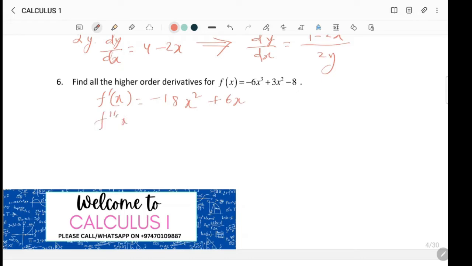Then f double dash x, I mean second derivative, so minus 36x plus 6, and then f triple dash x, which is minus 36, right? And the fourth derivative, which is 0. So we found f dash, f double dash, f triple dash, and the fourth derivative also, that's 0. Now after that all derivatives will be 0.